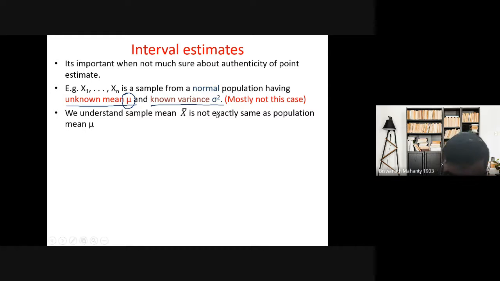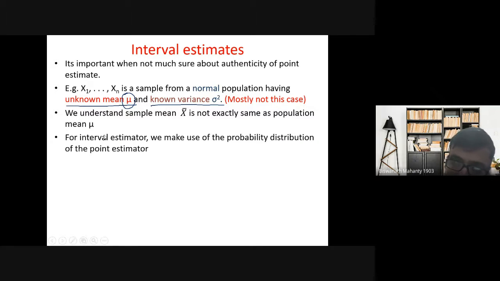So the variance is also not known, but assume that from that population I have only 10 children and I am collecting the data. We understand that the sample mean x bar is not exactly the same as the population mean. Do you agree? If I collect just 10, it will not be exactly the same as the population mean.